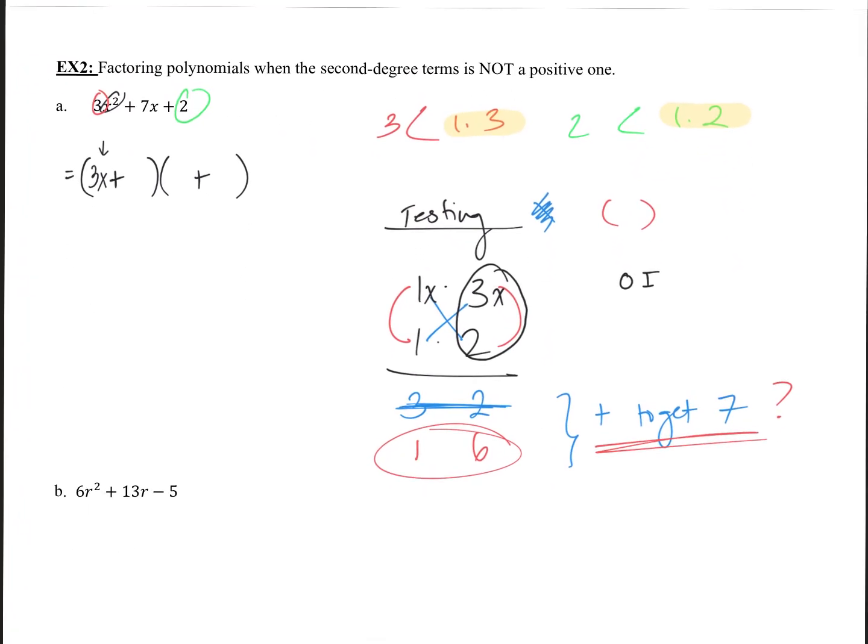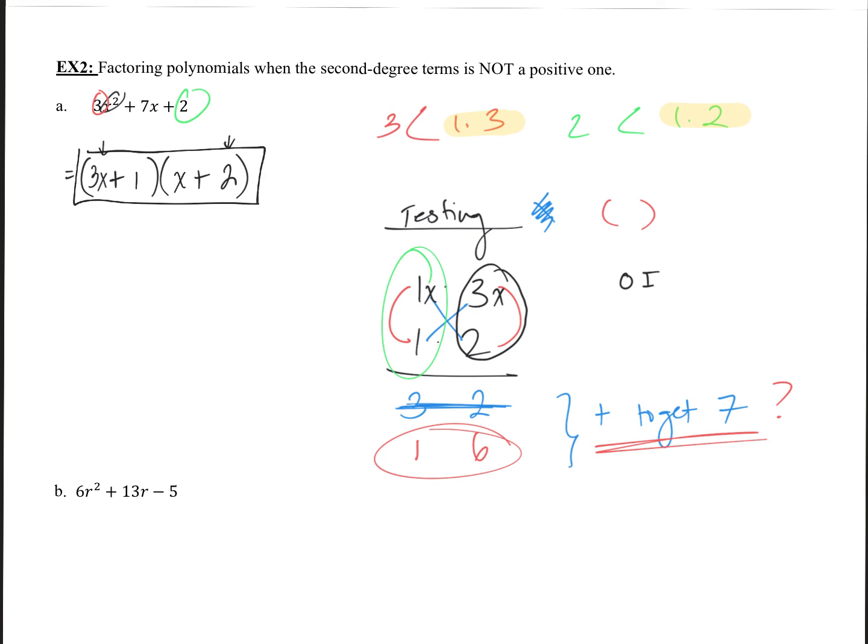So the 3 is part of the O product, so it should be the outside. So I'll put the 2 for the outside, and then I'll go ahead and put the other guys for the inside. Now, a lot of this still does take some educated guessing. So I want to have an x in each binomial, which means the 1x should be here, and the 1 should be there.